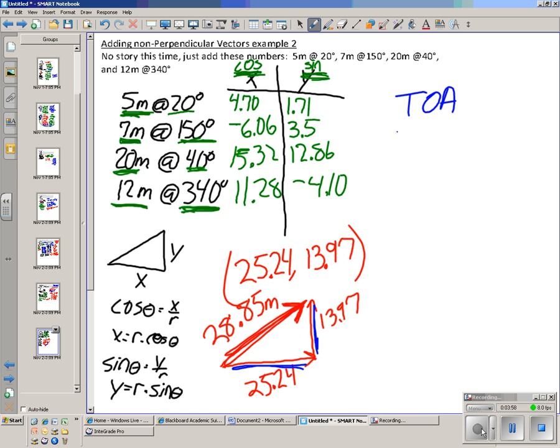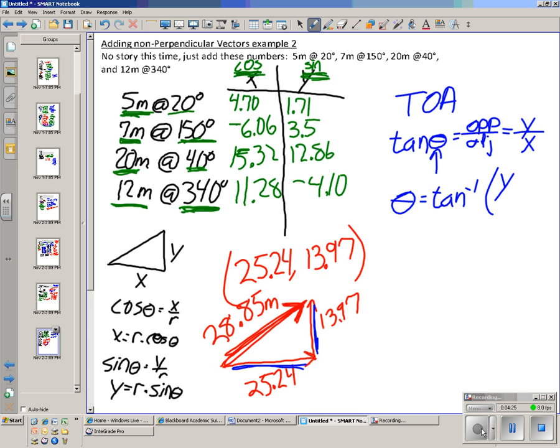And remember, that's going to be tangent of theta equals the opposite over the adjacent, and it's also written as y over the x. Rearranging, solving just for theta, I have theta equals the arctangent, or tan to the minus 1, of y divided by the x.